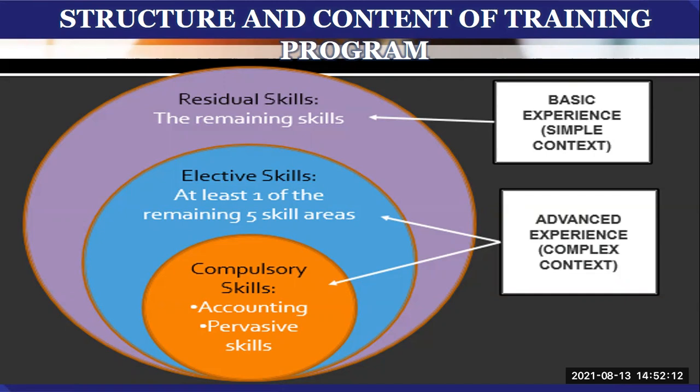Then comes what we call elective skills. Elective skills depend on the industry that one has been attached to, or the organization that one has been attached to during their training contract. So you'd find that there are people who train with big organizations that provide taxation. You'll also find that there are individuals who are part of organizations that provide auditing services.